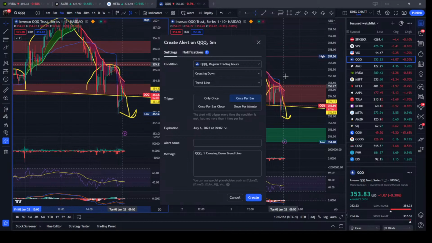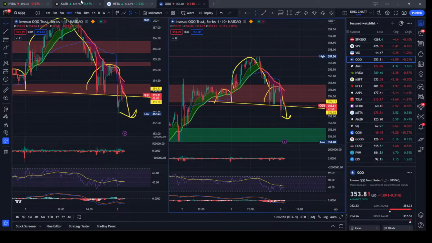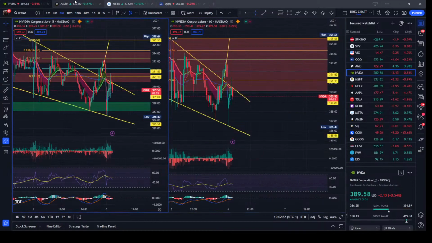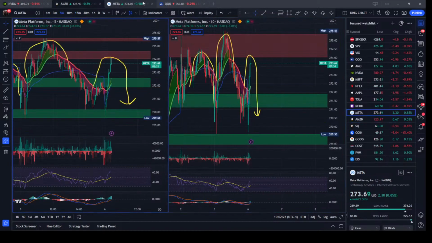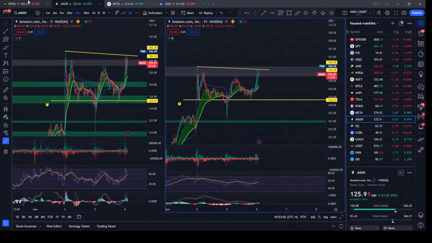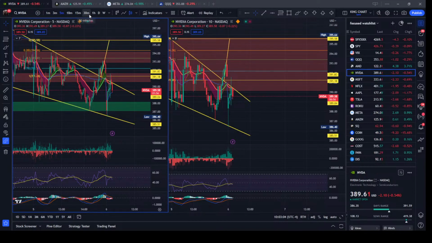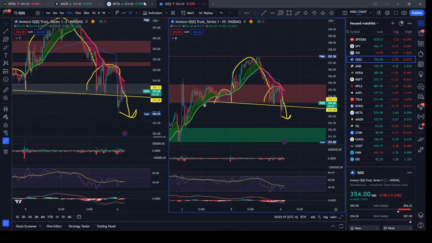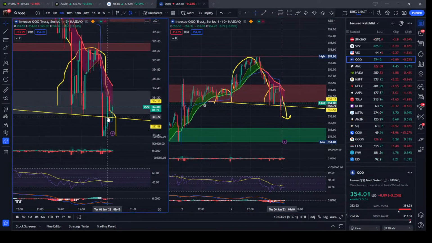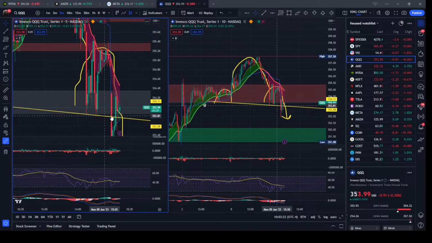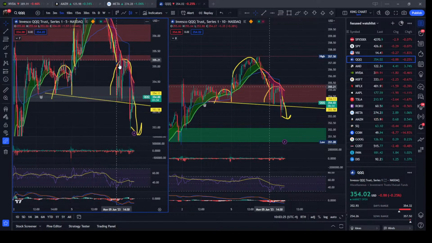Once we do, then we can look at shorts more. See, yep, very, very key neckline there. If it doesn't break, calls are still in action.